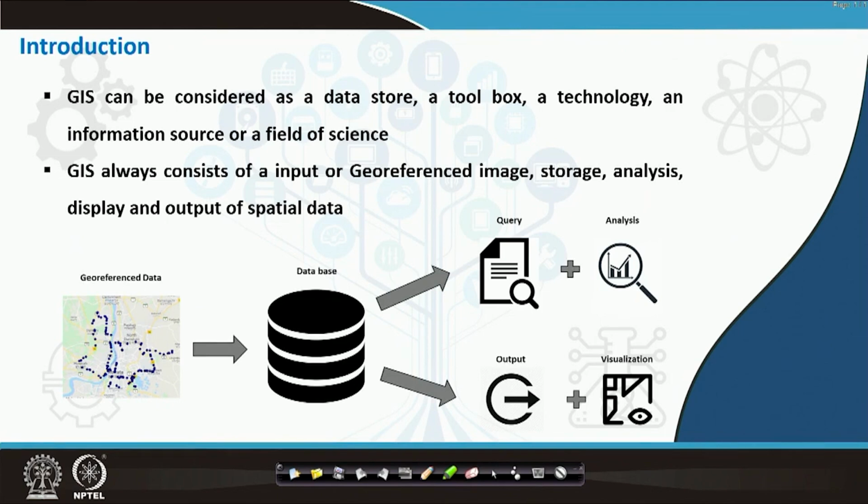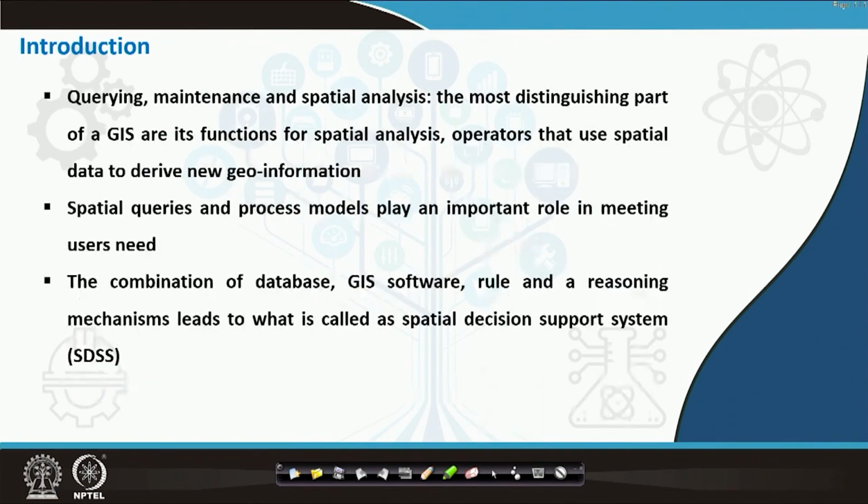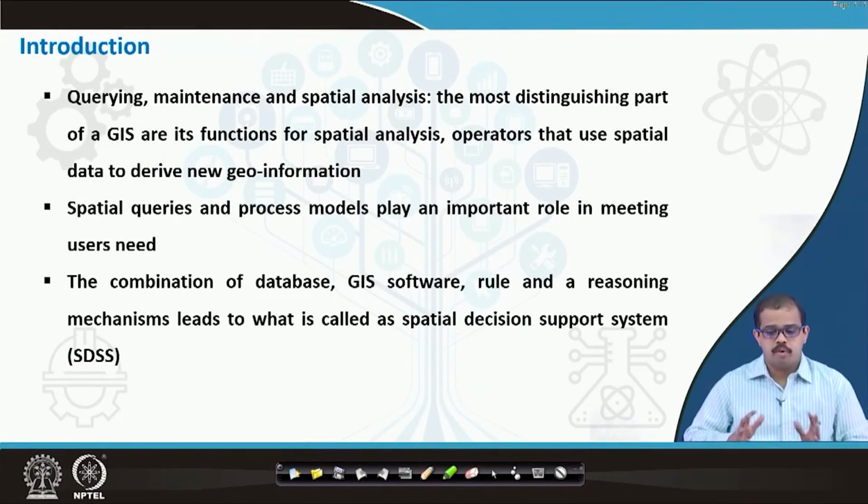So then you should have a storage, then you look at the analysis, where you do a query or analysis or statistical techniques, then you have a display and output of the spatial data. That depends on how you want to present the output data in whatever presentable form that you need. When we look at querying, maintenance and spatial analysis is the most distinguishing part of any GIS.